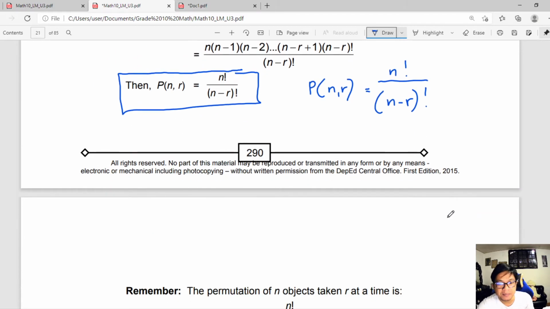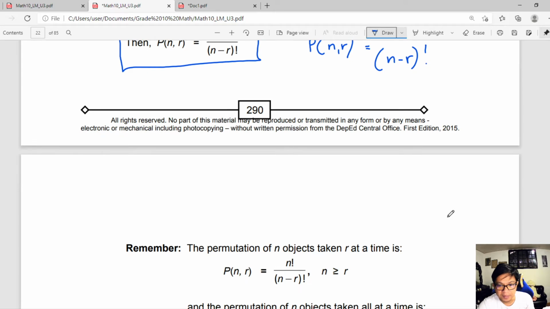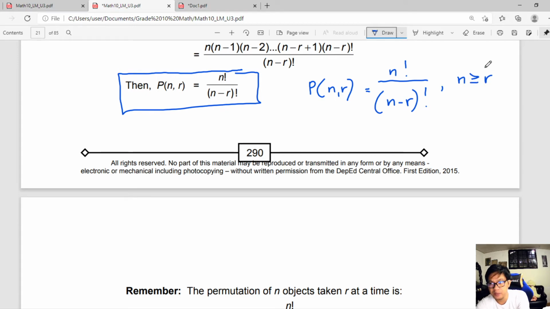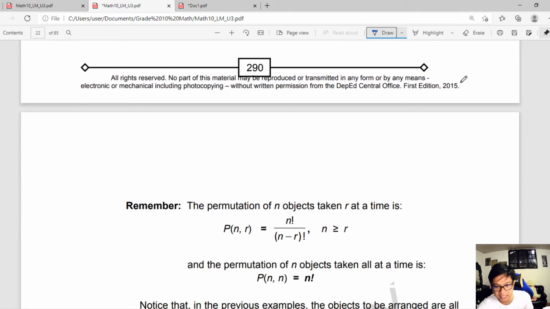So ito yung gagamitin ninyo na formula sa permutation, in which dapat yung n natin is greater than or equal to r. Hindi pwedeng mas maliit yung number of object natin kaysa dun sa kailangan natin na gamitin at a time. So the permutation of n objects taking r at a time is, so ito yung formula.